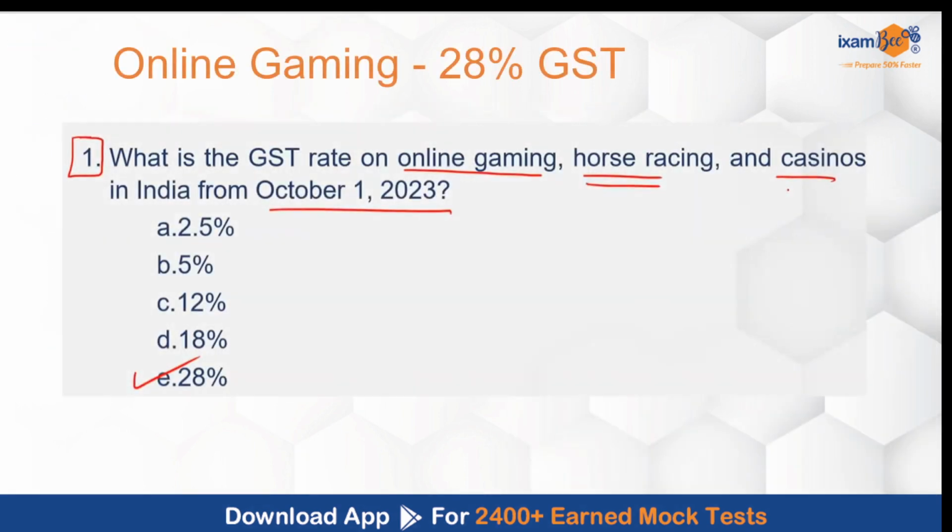The next question was related to recent news. Recently you might have read that the government had imposed GST on online gaming. So the rate was asked at which it has been introduced. The correct answer was 28%. Again, a question that was discussed in our revision sessions.